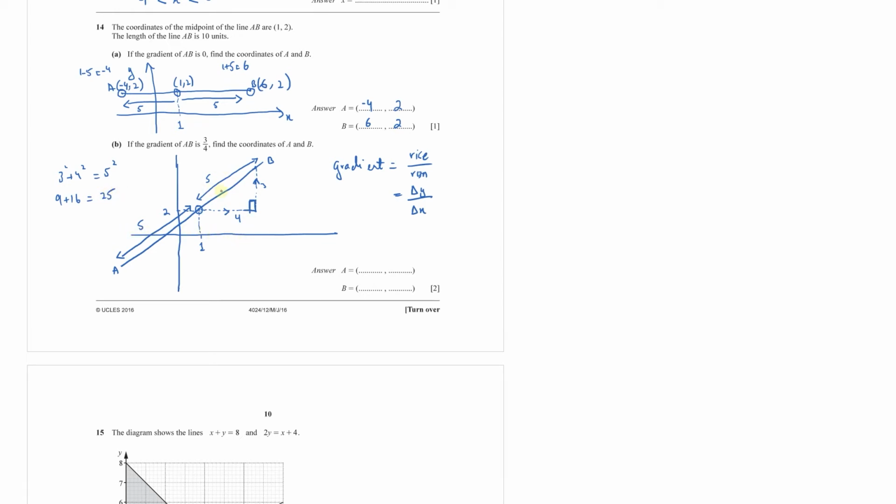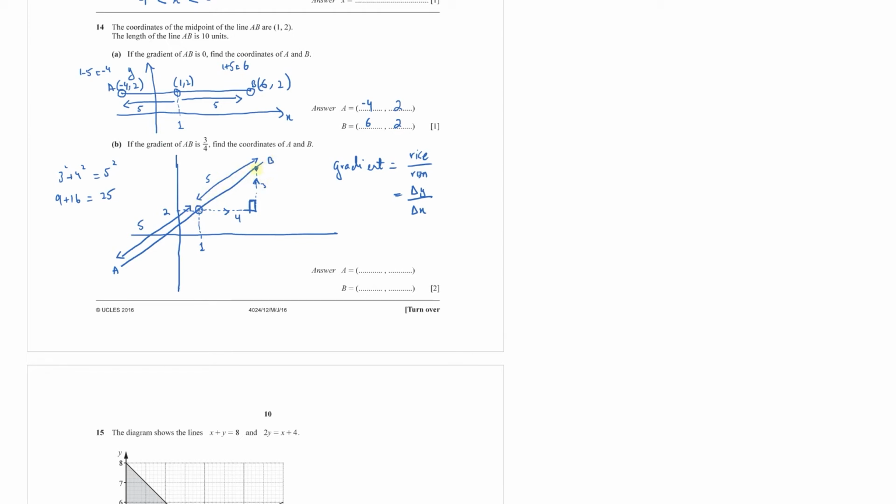So that means actually that this point is indeed B. If you move 4 points to the right and 3 points in the positive y direction, you'll actually land on B, because this distance is, as we know, since this is the midpoint, 5.